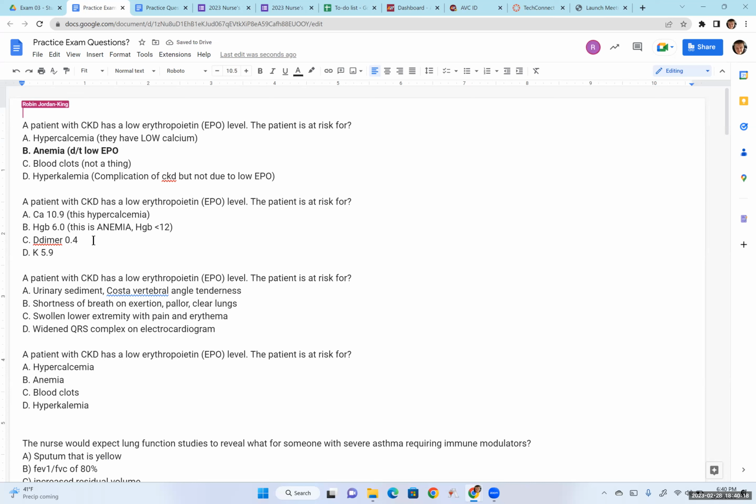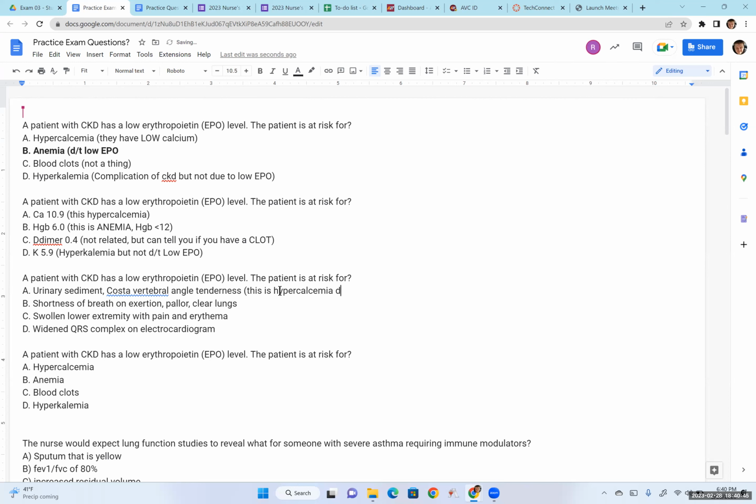Okay, D-dimer, that's looking at VTE stuff, right? Not related, but it can tell you if you have a clot, right? And K of 5.9, this is hyperkalemia, but not due to low EPO. I do have another question. This is just the same question, but now it's asking about hypercalcemia, right?